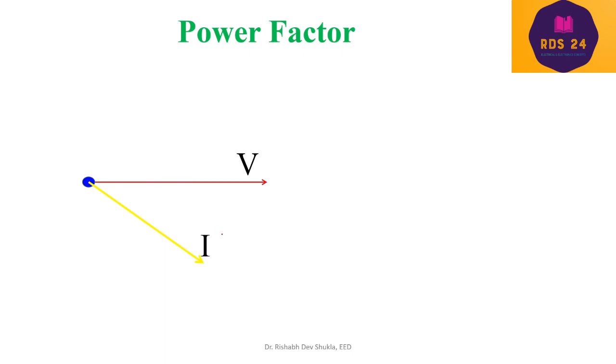So when the current vector lags behind the voltage by some angle phi, that means the current vector is in the clockwise direction. This is because if this is the reference and we are moving this way, this is a clockwise direction.